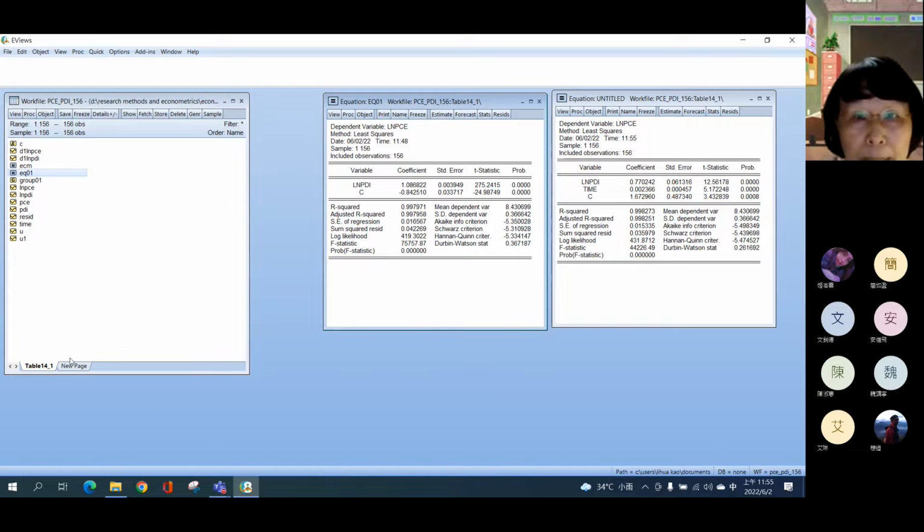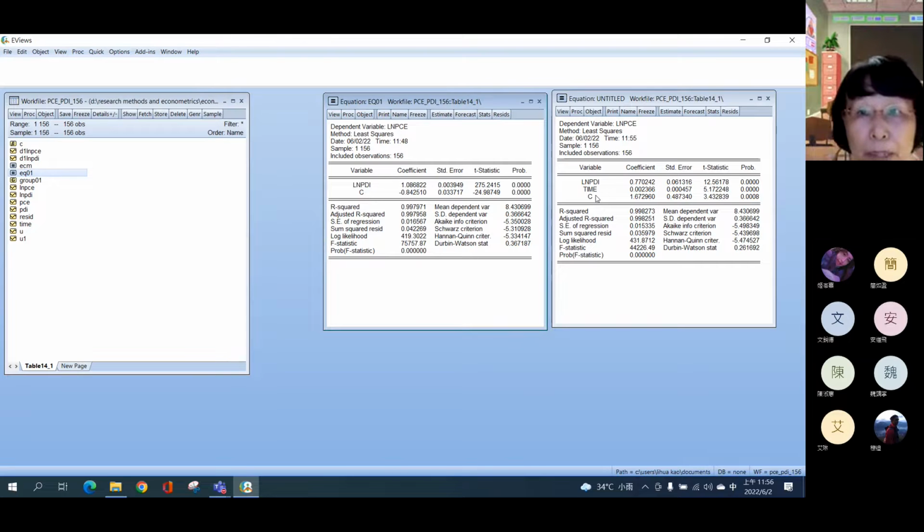I think you can see that the coefficient reduced from 1.08 to 0.727, which is more reasonable. They all trend up, maybe because of inflation or something.